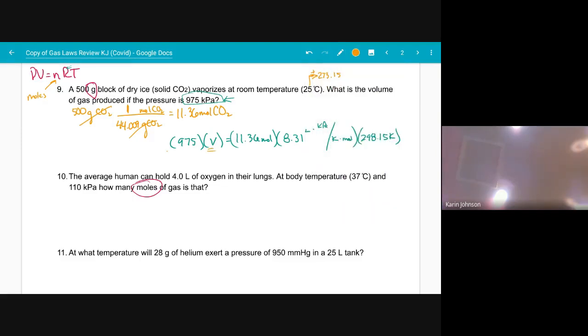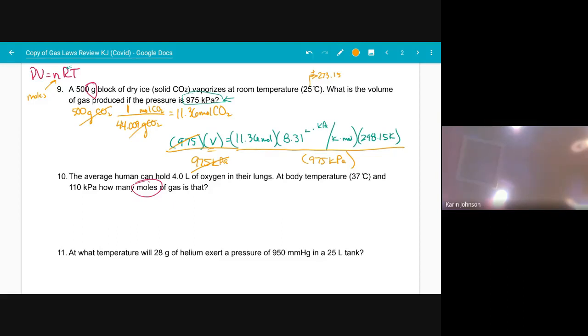To get V by itself, I'm going to divide by 975 kilopascals, and that makes it go away. What I do to the left, I have to do to the right, so divide by 975 kilopascals on this side. So my answer should be V equals 11.36.